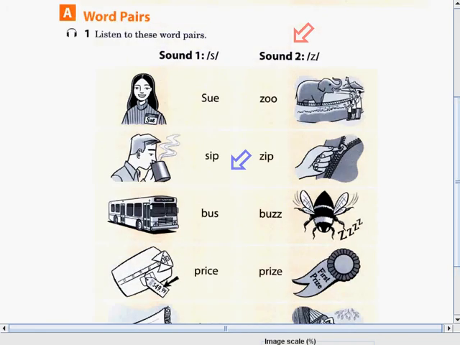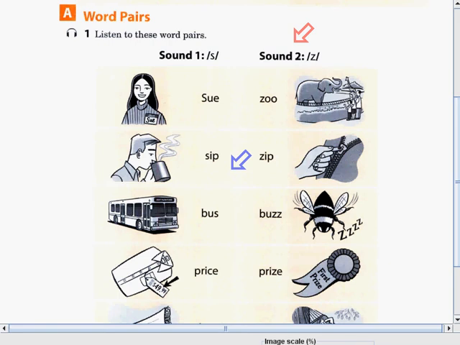Okay guys, did you know that mispronunciation, however, is not the major issue with the sound of S and sound of Z? Actually, the most common problem is students substituting the S sound where the Z sound should be.